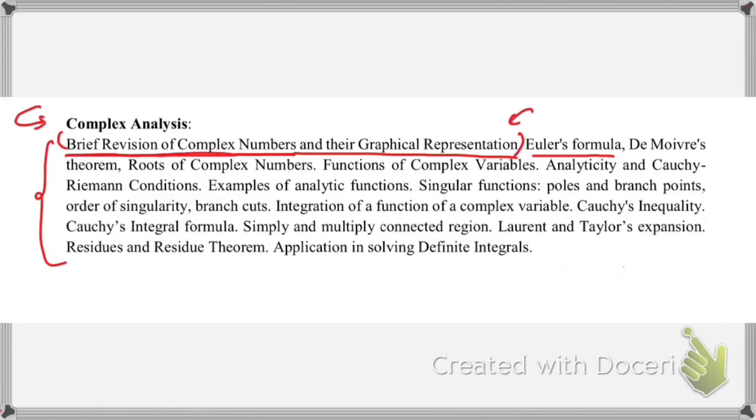So now let's start. What is a complex number? Before we discuss complex numbers, we must know what an imaginary number is. If you are asked to find the square root of 4, you can easily say it is 2, right? It's very simple. But when you are asked to find the square root of -4, what is the answer?